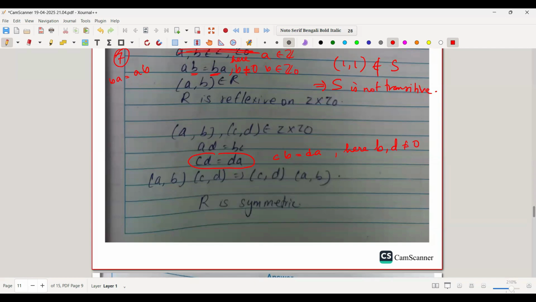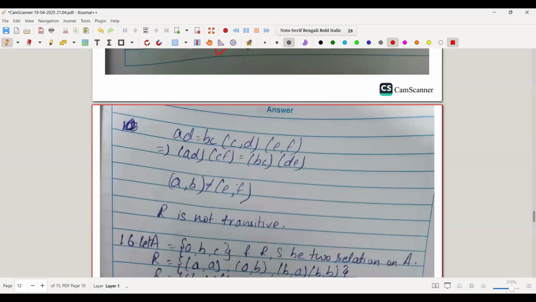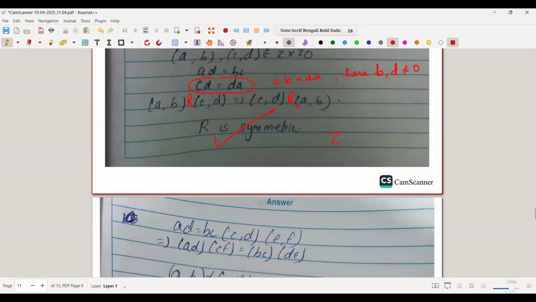Okay, so (a, b) related to (c, d) implies (c, d) related to (a, b). R is symmetric. So here it is given that Z cross Z0. That is why you have to be careful about these things.